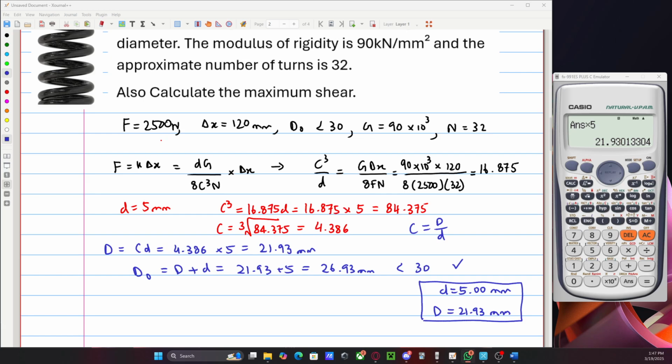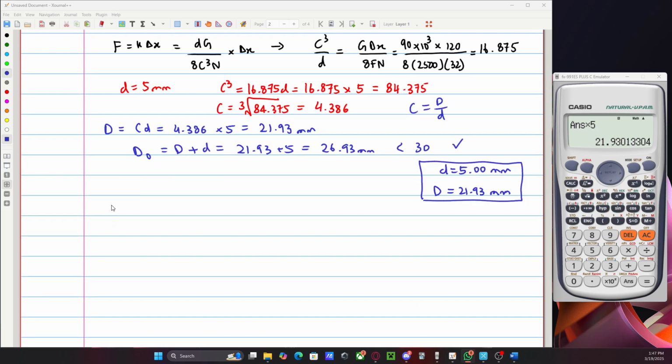Now we're not done here. We still need to work out tau max and our n as well. So our tau max will be 8F over pi d squared and c plus a half. So again, that will just be 8 times F, which in our case is 2,500, right?